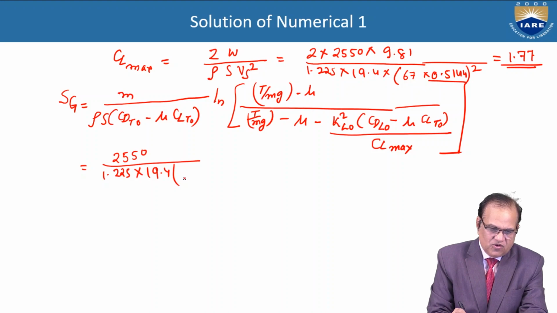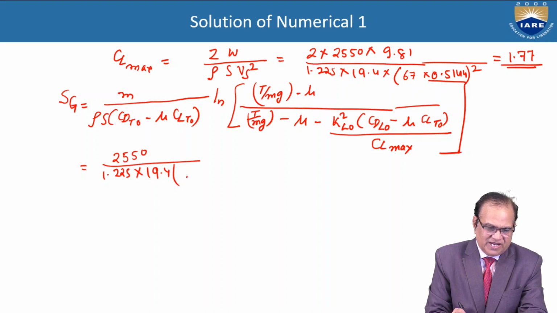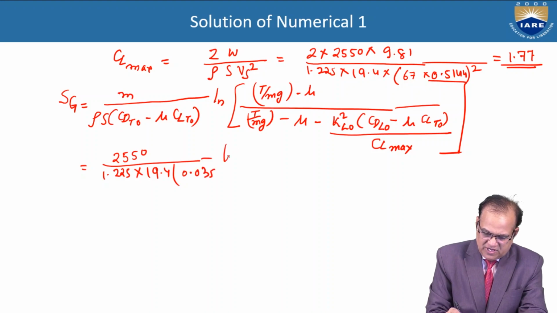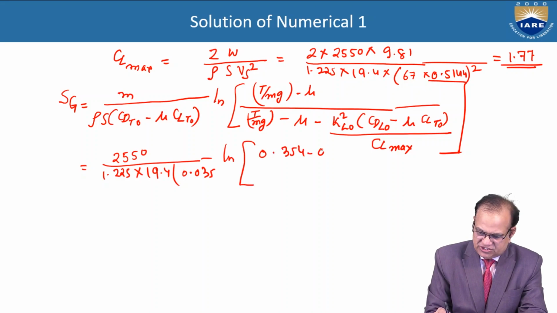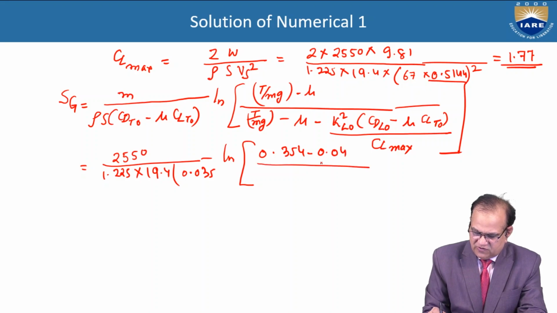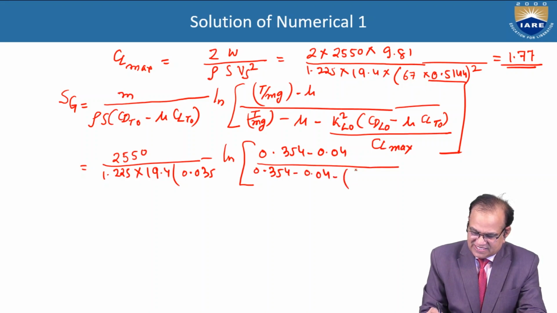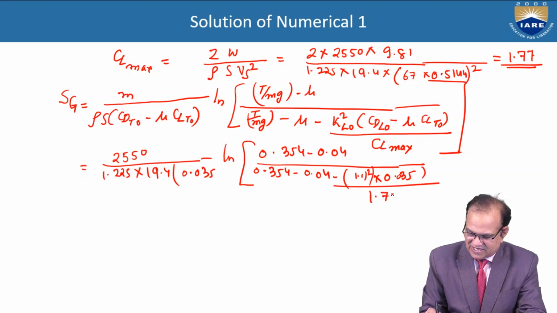CD naught we have found, this CD minus mu is 0.035, ln of 0.354 minus 0.04 divided by 0.354 minus 0.04 minus K CL square, which is 1.1 square into 0.35, divided by CL, which is 1.77.